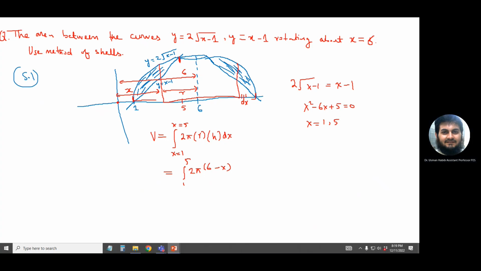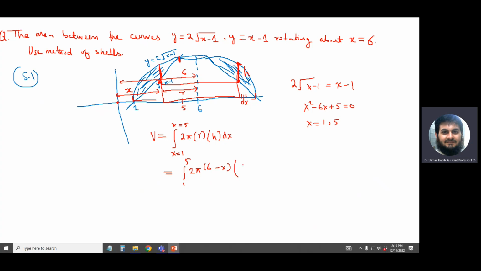The height of each shell. So this is the shell. It can't go below this point because there's no solid beyond that. So it cannot stop here and then this distance. So this is the height, h, which has been bounded, which is the upper curve minus the lower curve.